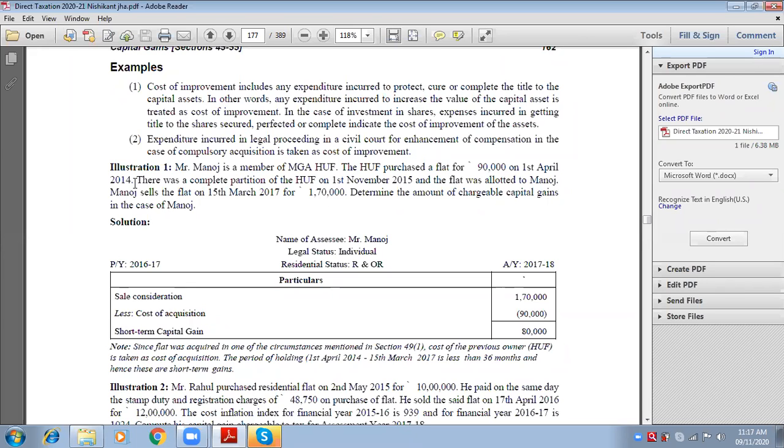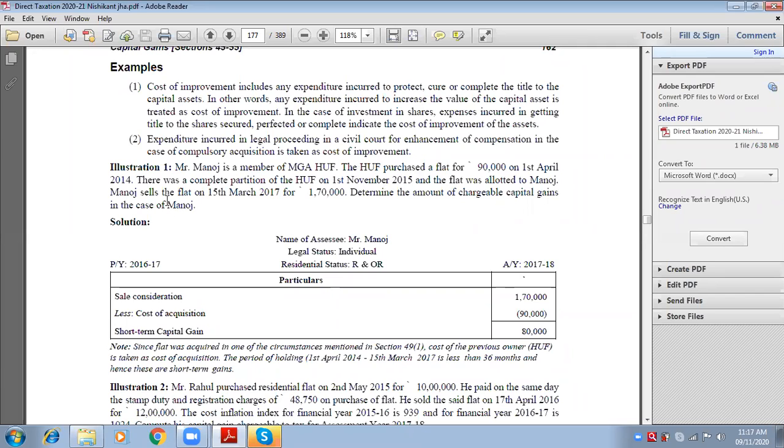There was a complete partition of the HUF on 1st November 2015, and the flat was allotted to Manoj. After that partition, the flat was allotted to Manoj. Manoj must be a family member, therefore he is given the flat. The flat was given to him on 1st November 2015.